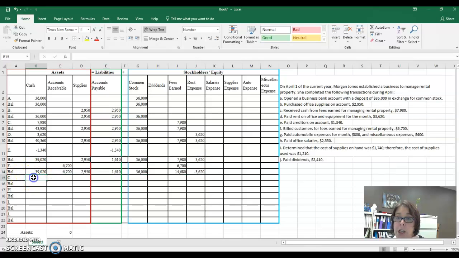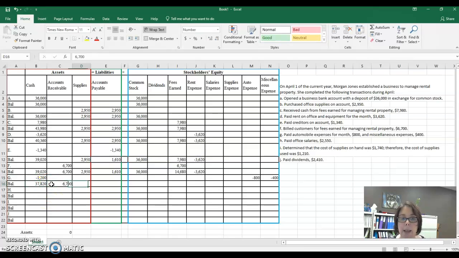Okay, let's look at G. Paid automobile expenses for 800 and miscellaneous expenses for 400. So that means we took cash out for $1,200 and we applied it to auto expenses for 800 and miscellaneous expenses for 400. So what that means is we reduced our cash to $37,820.